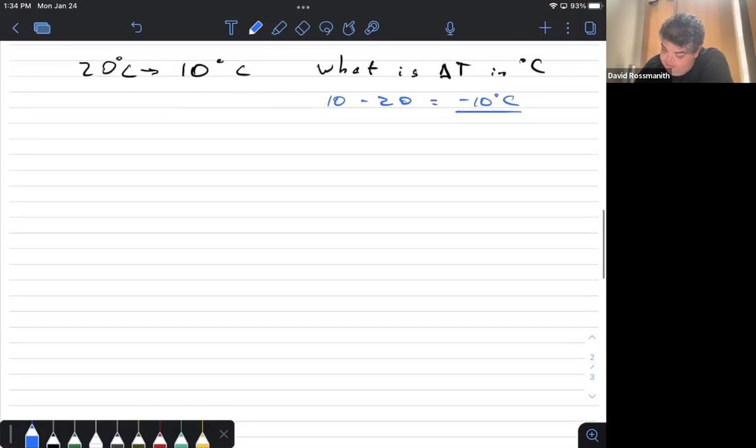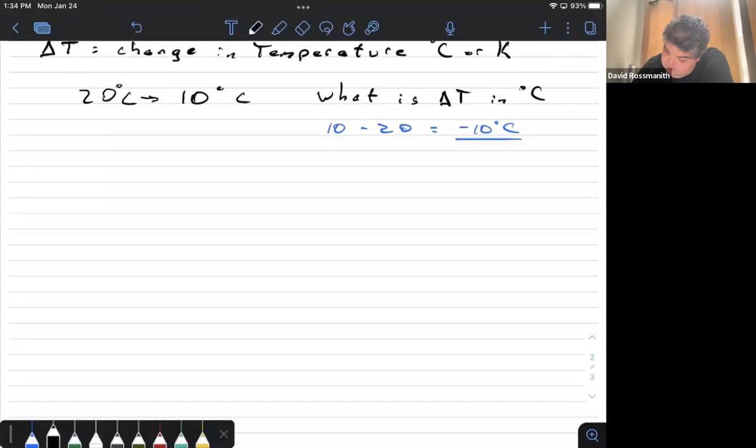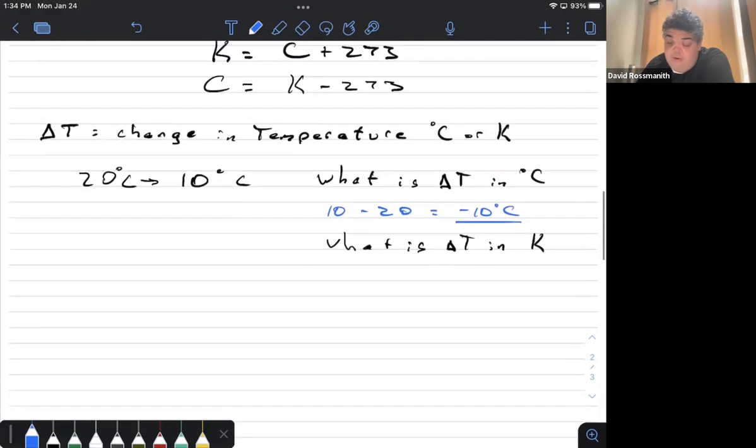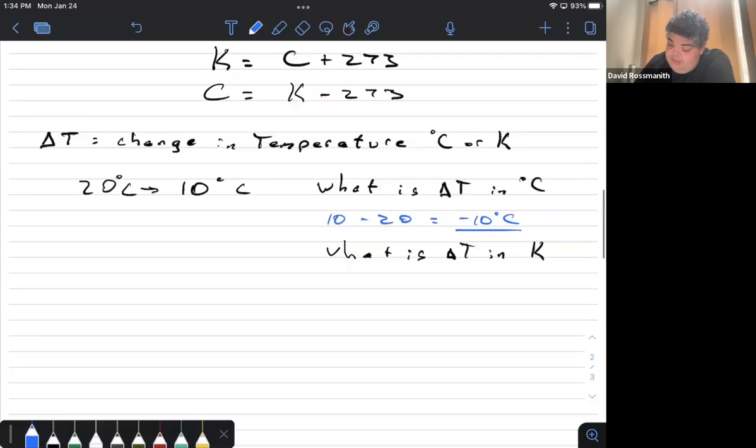Now let's do it. What is delta T in Kelvin? We got to be a little more fancy here. Well, if I want to do that, what I know is Celsius, and I know the conversion. If I want Kelvin, it's Celsius plus 273. Okay, so I have TF minus TO, right? Final temperature minus initial temperature.